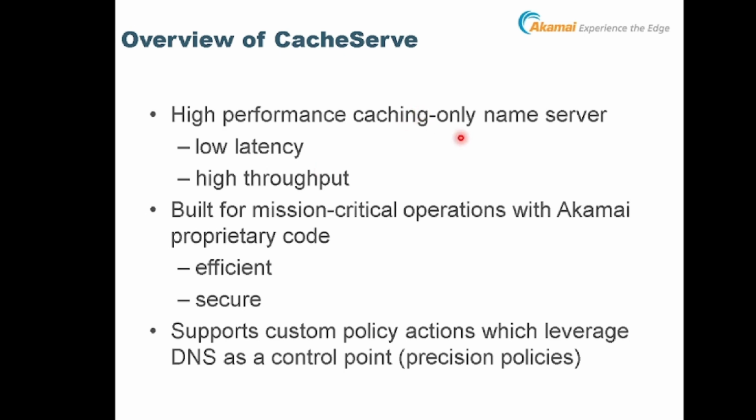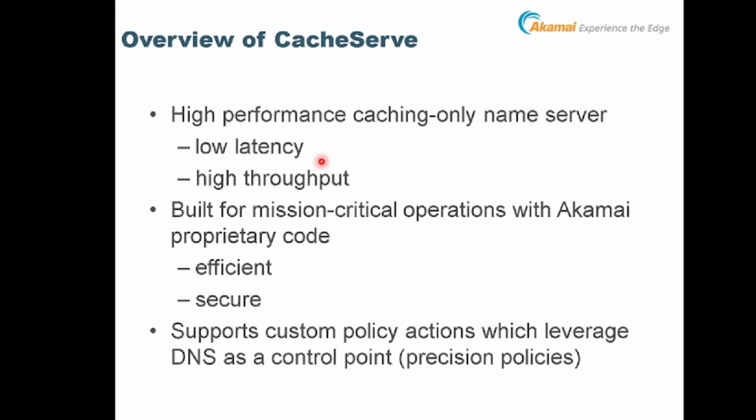So in that sense, it has the same kind of features that most caching services that you might be familiar with from other vendors. It shares those features. When I say high performance, what does that mean? It means, number one, low latency. Latency meaning the time from the client sending a request and the CacheServe receiving the request to the time when the response goes back to the client.